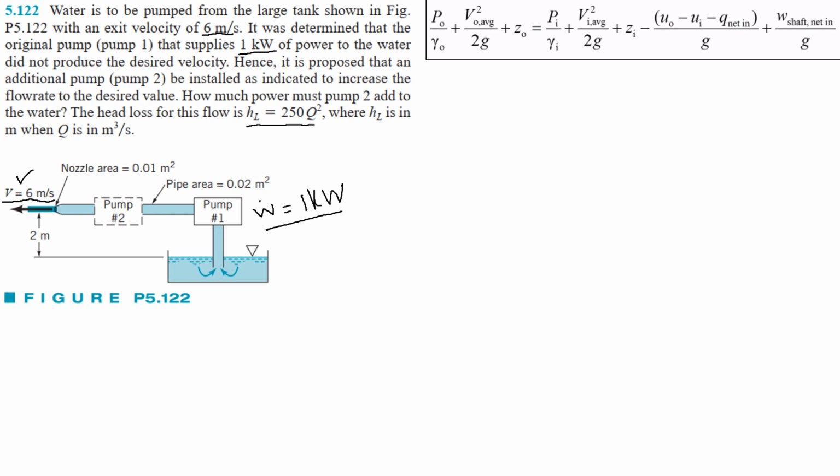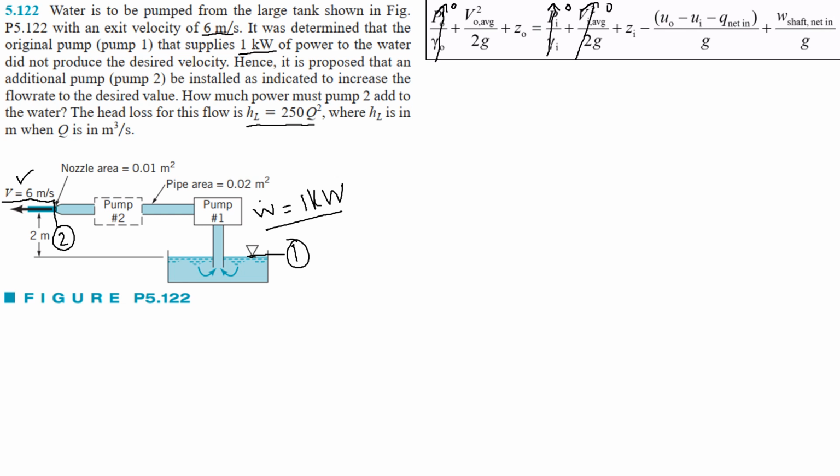First of all, this is our section 1, this water surface, and this exit here is our section 2. At section 1 and section 2, the pressure is atmospheric, so we are going to cancel out these two terms. At section 1, the velocity will also be equal to 0.